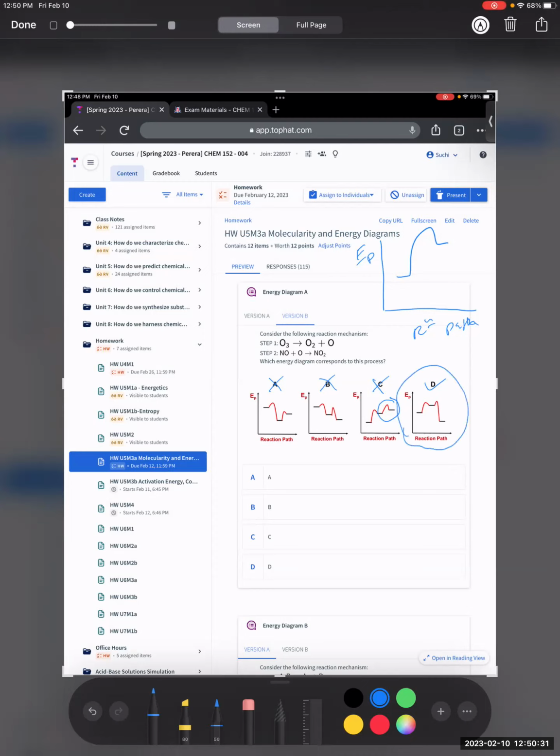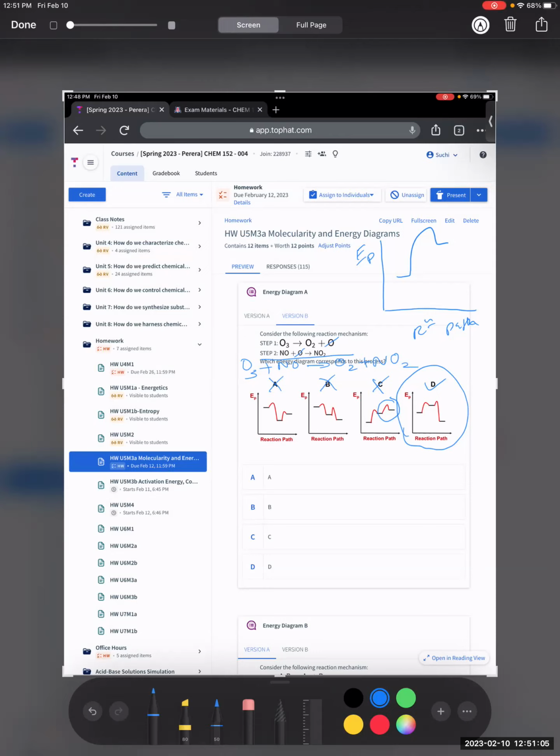And also, it's always a good idea to verify it by verifying the overall reaction. Okay, so the overall reaction again here is, the oxygen atom cancels out because it's an intermediate. O3 reacting with NO produces O2 and NO2. Okay, you see that we have more AB bonds on the product side because we have NO2 rather than NO here, because we only have AB bonds in NO and NO2.